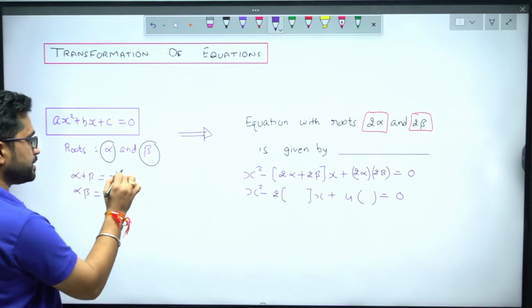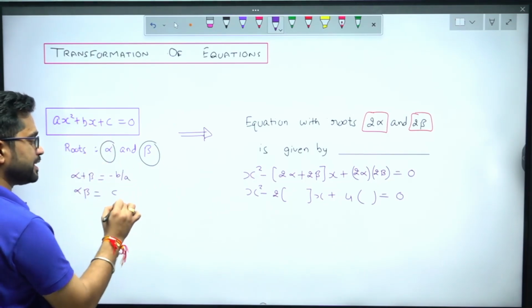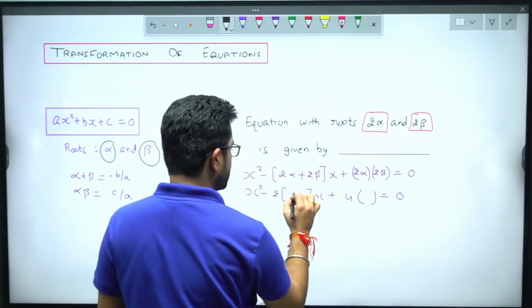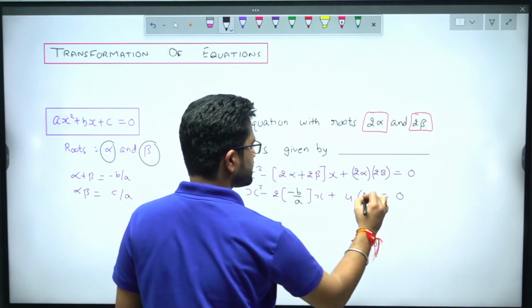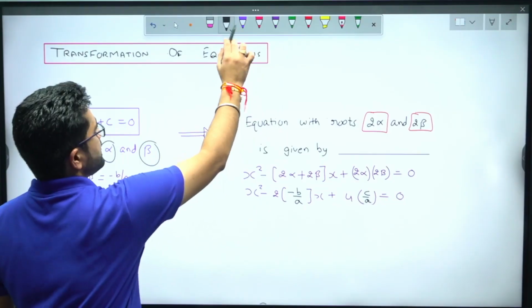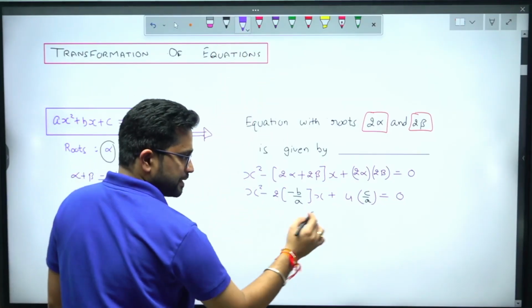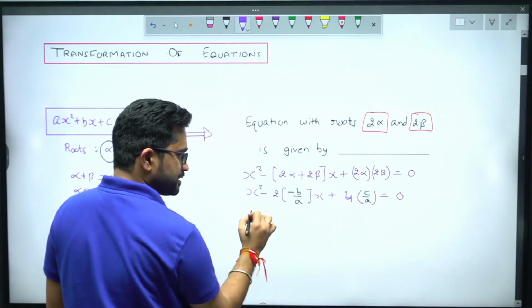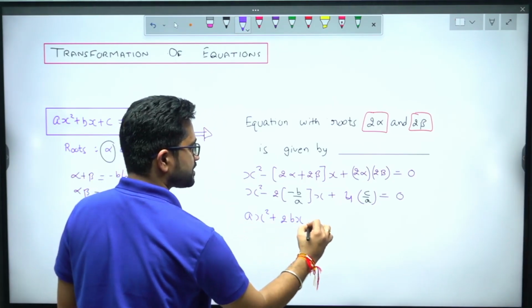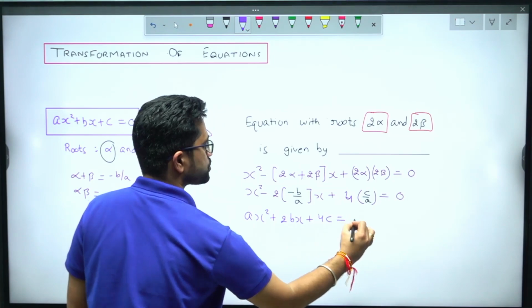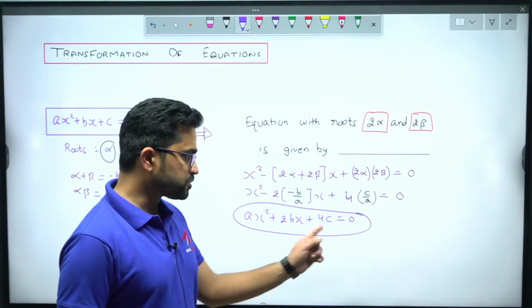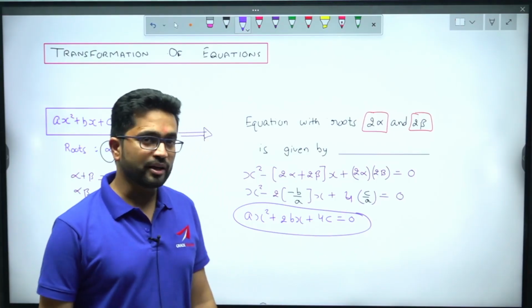Yes, it is minus b by a. And what is alpha into beta? It is c by a. Now we need to substitute these values here. If you simply adjust these terms, it comes out to be ax square plus 2bx plus 4c equals 0. So that is the equation whose roots are 2 alpha and 2 beta.